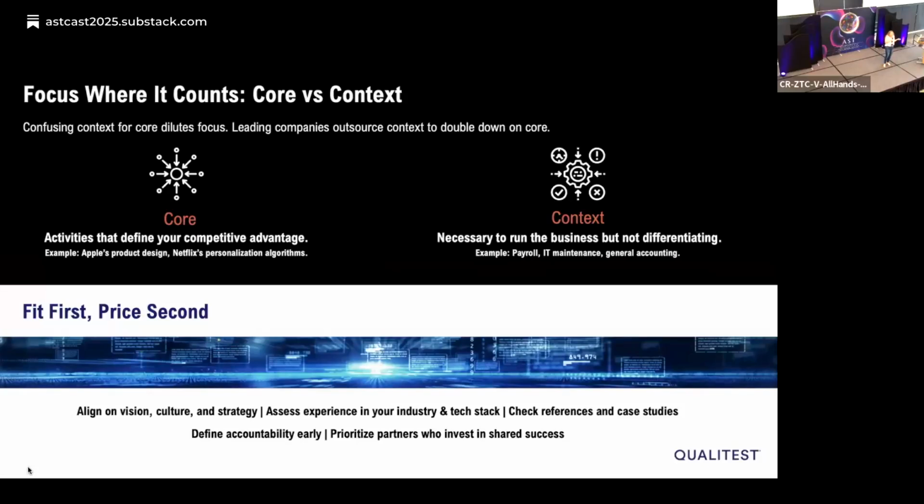When people ask, what should I outsource? Where should I start? It's about assessing what's core versus context. When it's core, this is what differentiates you from your competitors and the other industry leaders. For example, Netflix's algorithm is core to them. Context is everything you need to run your business.